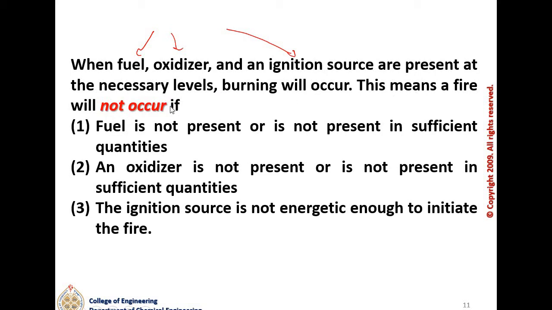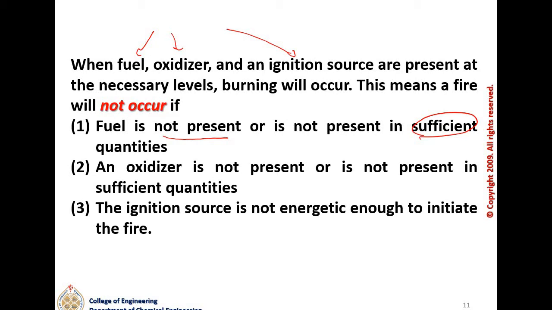This means that a fire will not occur if fuel is not present, or it is not present in sufficient quantities. So even if you have fuel, oxidizer, and an ignition source, it will not give us fire if the fuel is not present, or sometimes it is present but it is not sufficient.